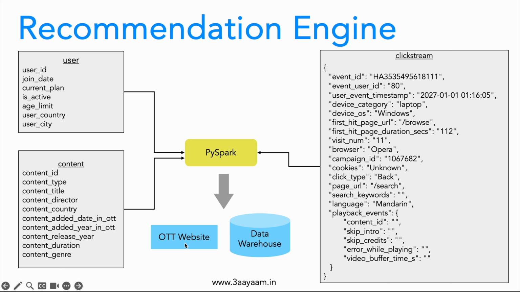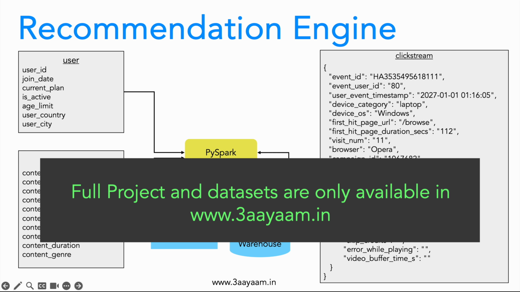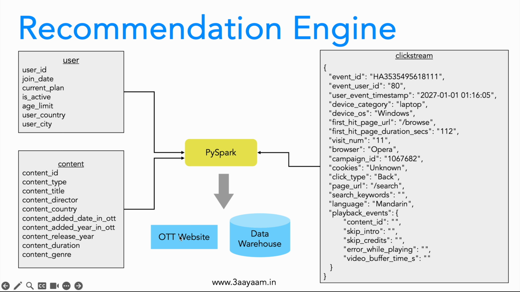For the OTT website, definitely you'll have to do the analysis in PySpark. But for the data warehouse, you can just get the clickstream data and save it as is after flattening the data to the data warehouse, and then you can run historical analysis. So for the website, you have to do the analysis in near real time. You get the data, do the processing, and then show it in the website.